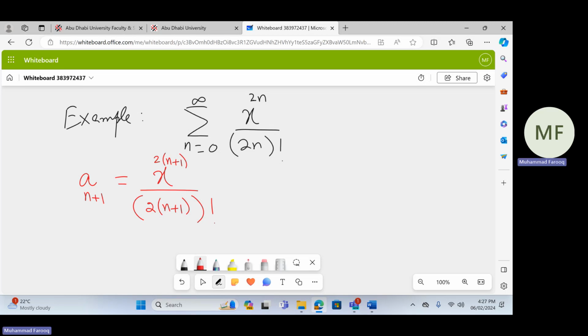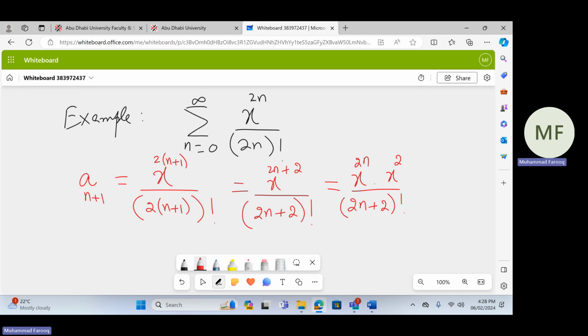Here you can make it 2n plus 2, divided by (2n plus 2) factorial. And if you want, you can take one more step: x to the power 2n times x squared, divided by (2n plus 2) factorial. So this is my n plus 1 term. I hope all of you have the same term.